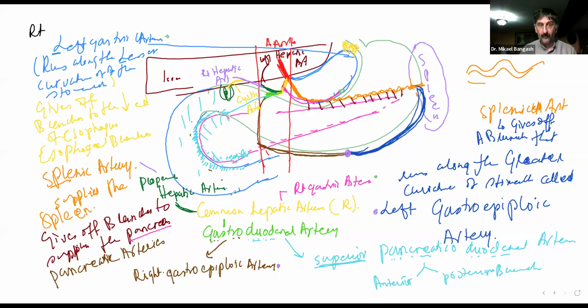I know a picture like this becomes a little bit crowded. But if the Lord was able to make this anatomy, then we should be able to look at it as well.